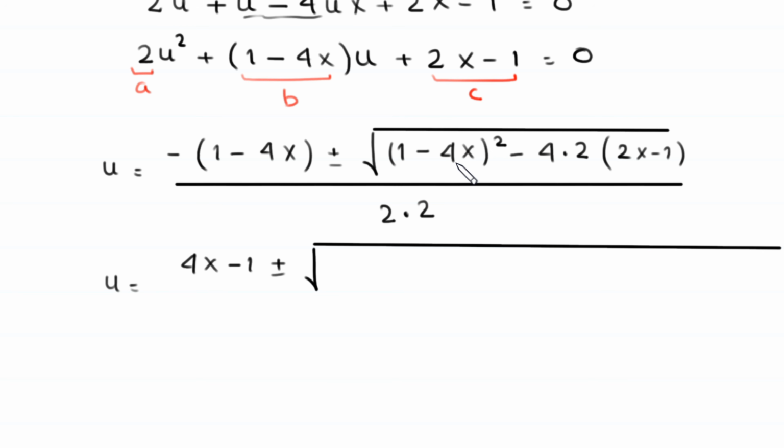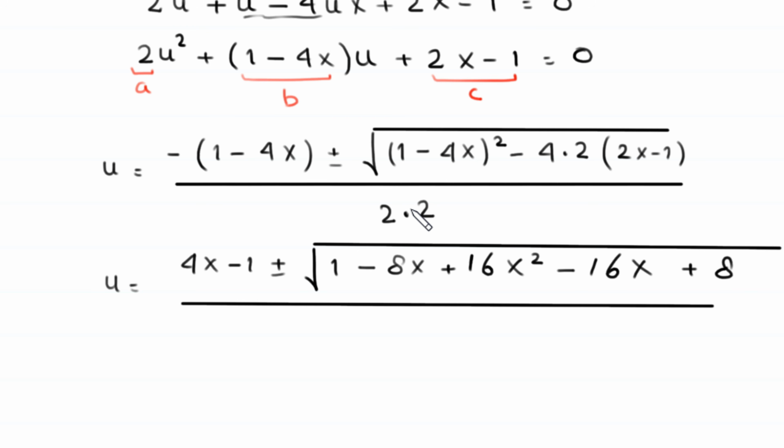expanding (1 − 4x)², this becomes 1 − 8x + 16x², and −4 times 2 is −8, times 2x is −16x, and −8 times −1 is +8, divided by 2 times 2, which becomes 4.